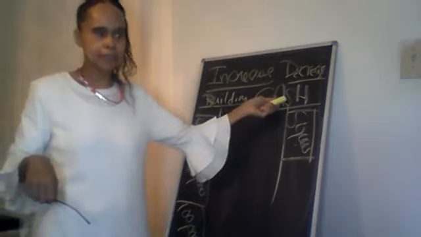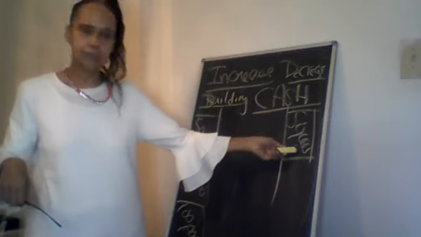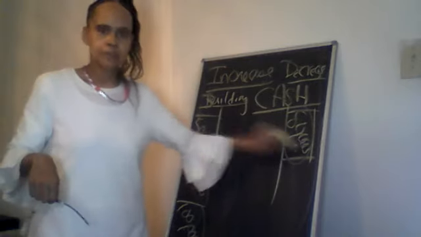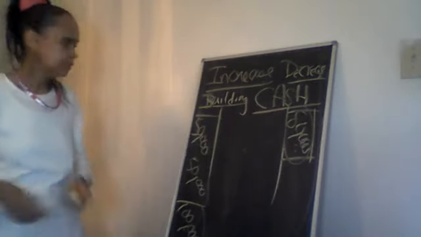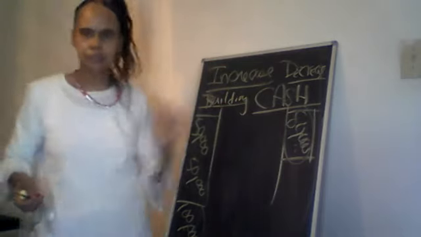Cash is an asset account. We decrease it by 50,000 because we took 50,000 and purchased this other building. So that's how you increase an asset and decrease an asset at the same time.